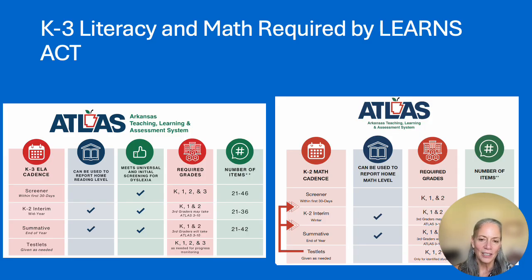So you'll see that literacy is different from math. You have K-3 because it's important to catch any unexpected risks that come up at the beginning of grade 3. It's such an important year for reading. And then with math, it's K-2. And these two are designed slightly differently. So let's talk a little bit about that.